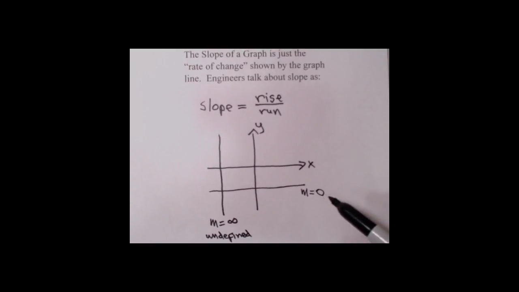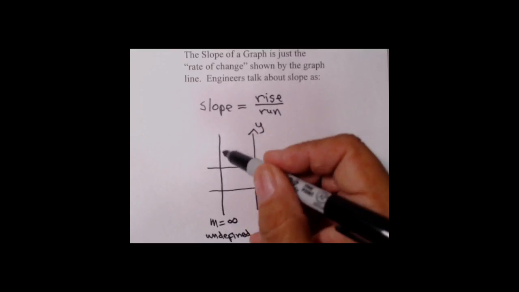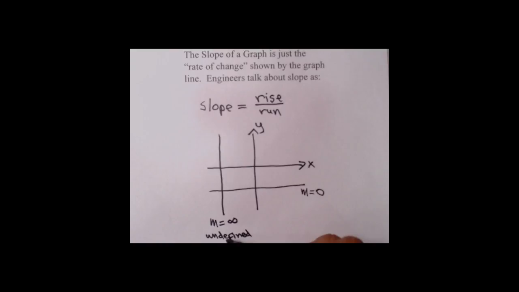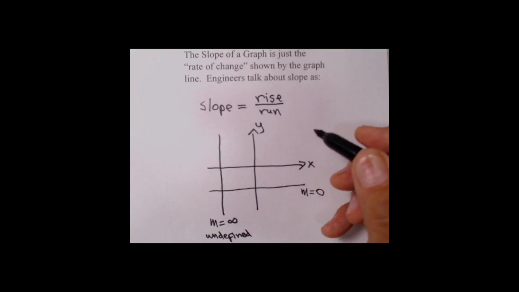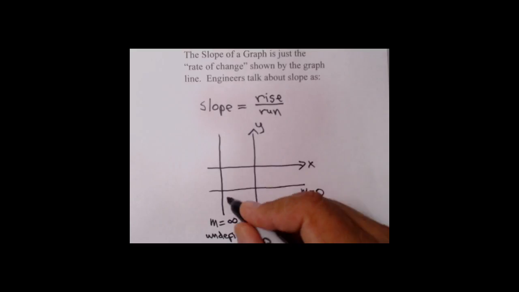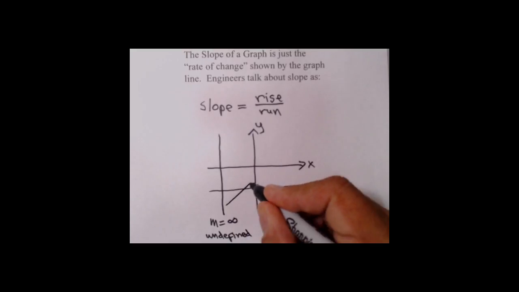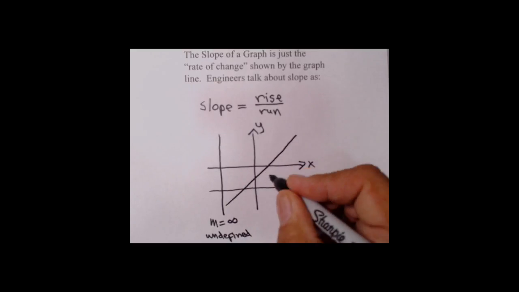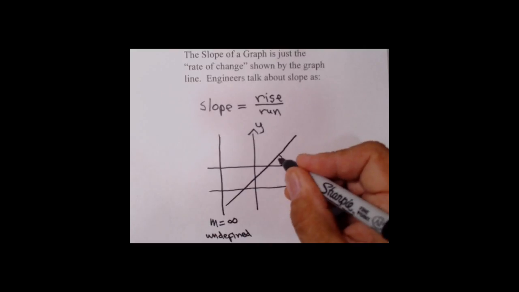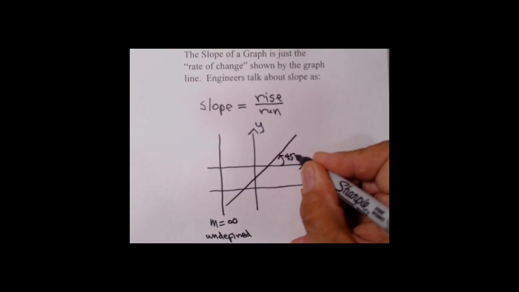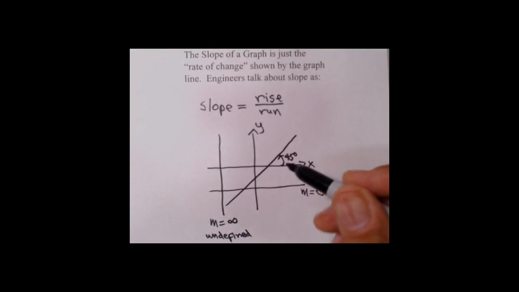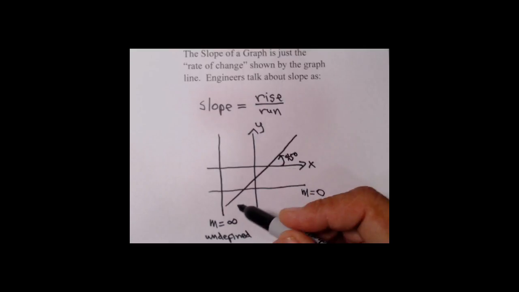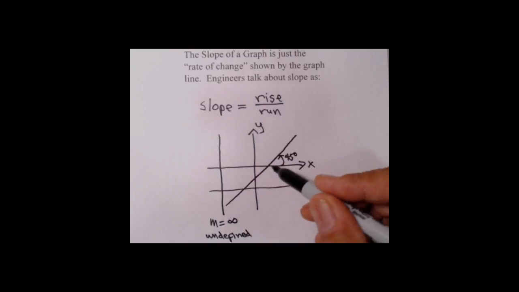So two of the slopes we want to be familiar with are a flat slope, m equals 0, and a slope that goes straight up, m equals infinity or undefined. But there are two others that are good references. One is a line going upward to the right at 45 degrees, which is half of 90.